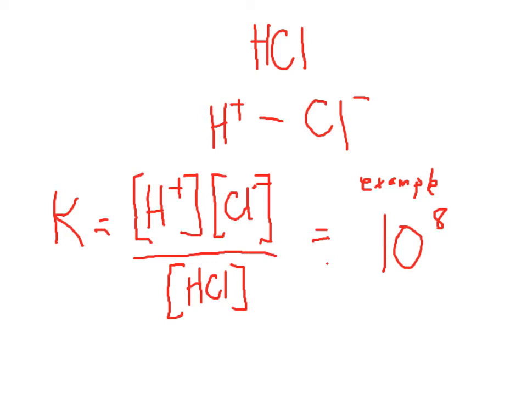For example, in this answer, we have a final answer of 10 raised to the 8th power, and you take note of the exponent. This is the basis of your dissociation constant. If it is equal to or more than 0, this will be considered a strong acid.